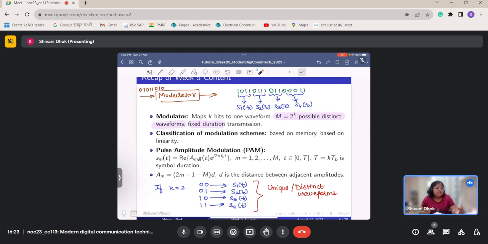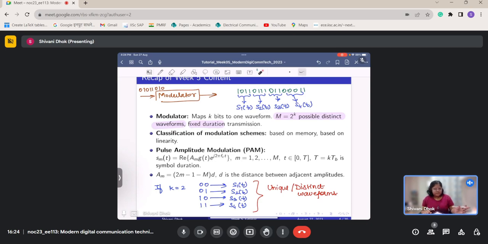Each bit is generated at a particular rate, taking some particular duration, so each group will also have some time duration. I'll transmit this signal only for that particular time duration, so for a fixed duration I'll be sending that particular waveform. I hope it is clear.